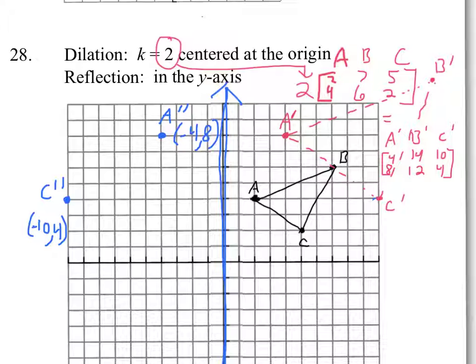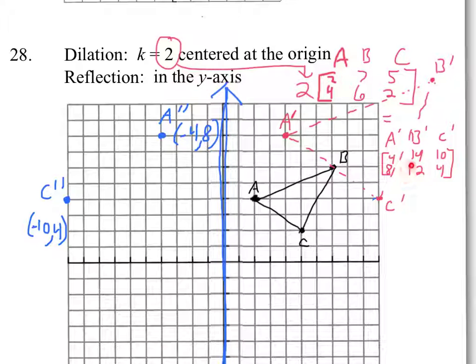Alright, now for B. You can see B is way up here off the graph. And what we may want to do is rely on the coordinates where we know B is supposed to be. B prime is at 14, 12. And so to really understand this reflection, what we would notice is that the x-coordinate of 14, the fact that it's 14 to the right of the y-axis right now, when we flip that, it's going to be 14 to the left.